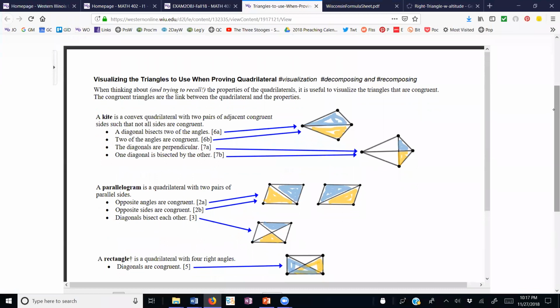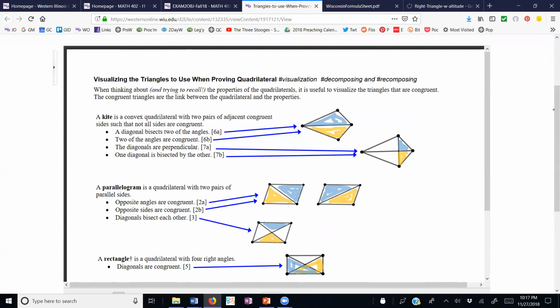So for example, if we are proving the property of a parallelogram, property 2a here, that opposite angles are congruent, we're going to draw in one diagonal and then prove the two triangles congruent. And then using corresponding parts of congruent triangles, we have the angles congruent.